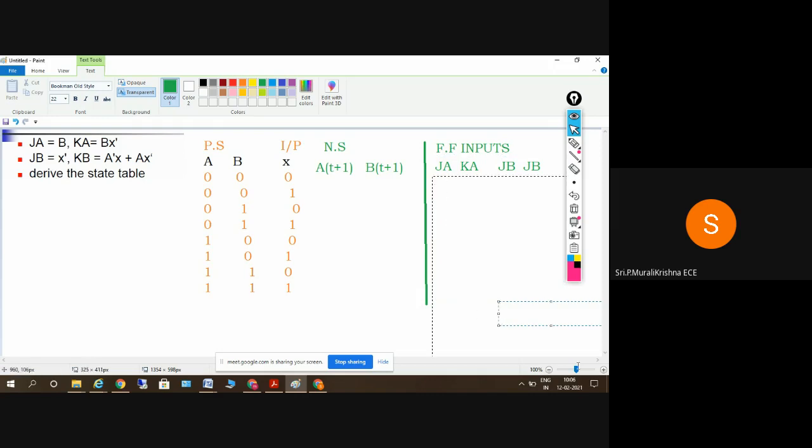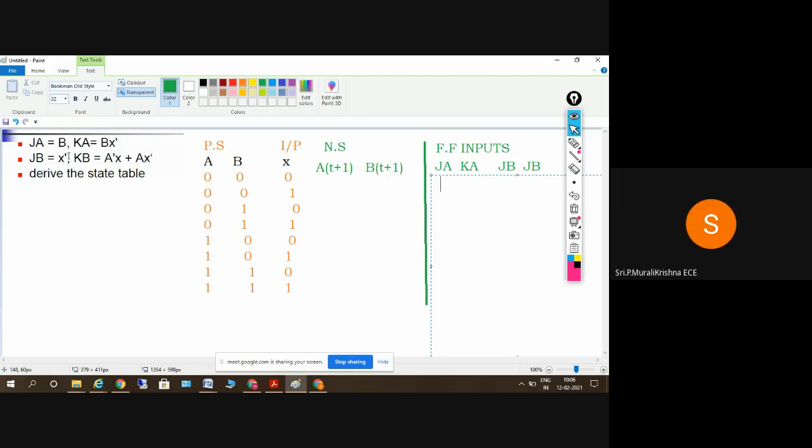Yes or no? Yes, sir. So we have these equations. We have to substitute these values of A, B, X into the equations of JA, KA, JB, and KB. So what are the values of JA?